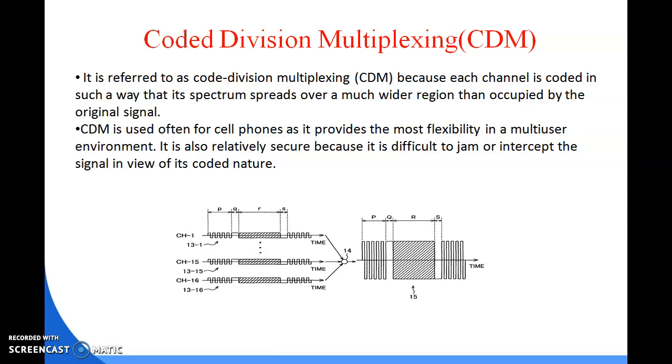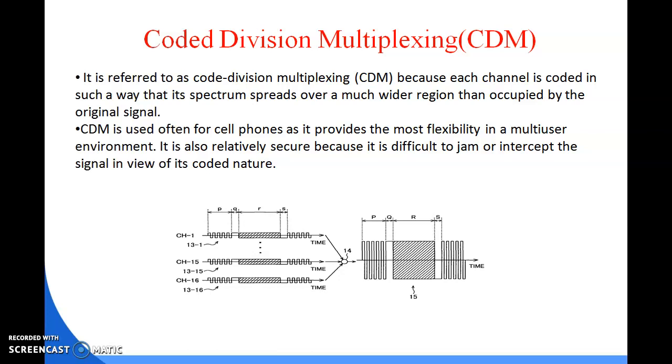Clear now? Generally our original signal capacity is very low, and the area it occupies is very small. To strengthen that original signal, code division is another method through which you can increase the spectrum area in your communication system.